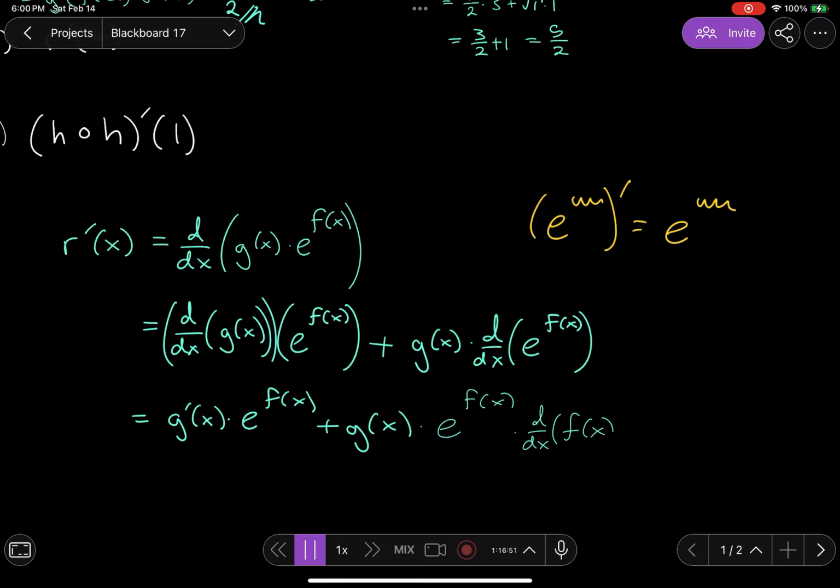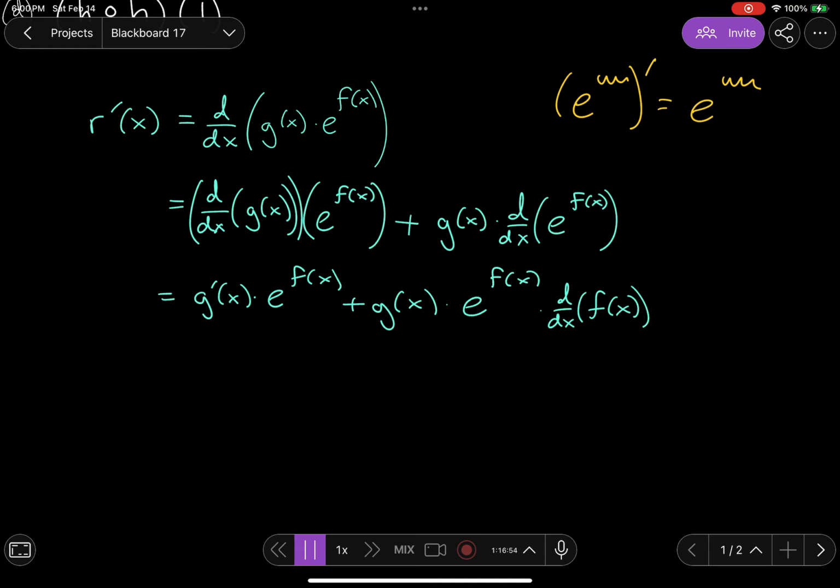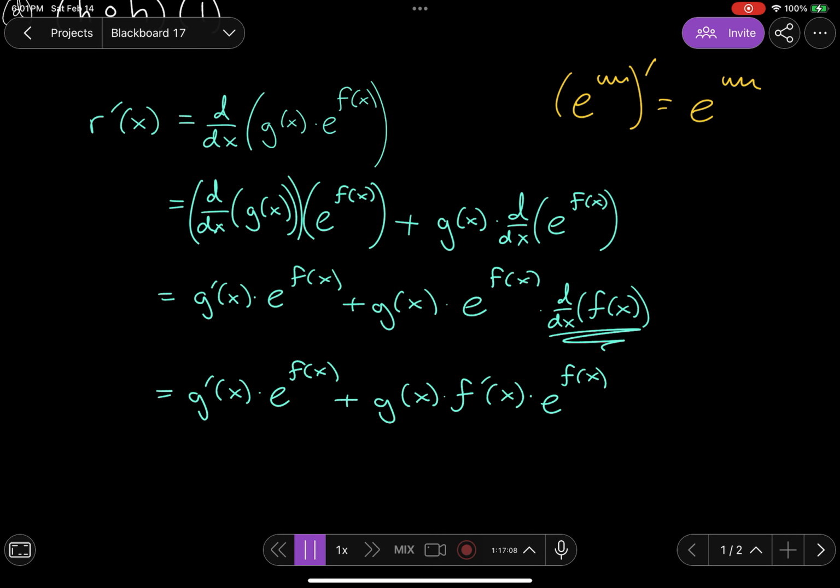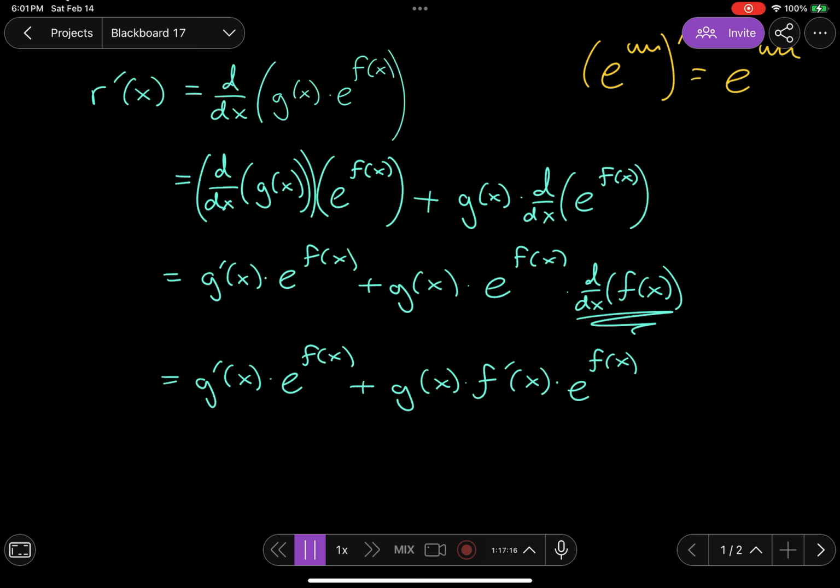And that's the derivative of f of x. Here we go. This is kind of pretty. We have g prime of x times e to the f of x plus g of x times f prime of x, that's this thing, times e to the f of x. So I just used the product rule and the chain rule and this new result that we found out in this video, that the derivative of e to the something is e to the something.